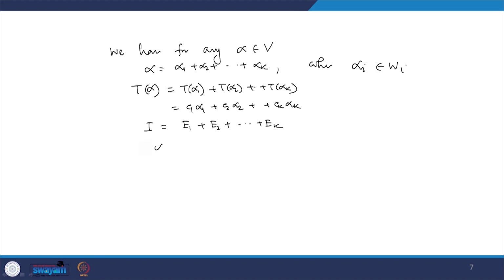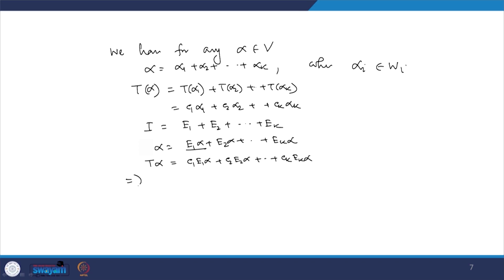So, alpha is also equal to E1 alpha plus E2 alpha plus Ek alpha. T E1 alpha will be basically C1 E1 alpha.